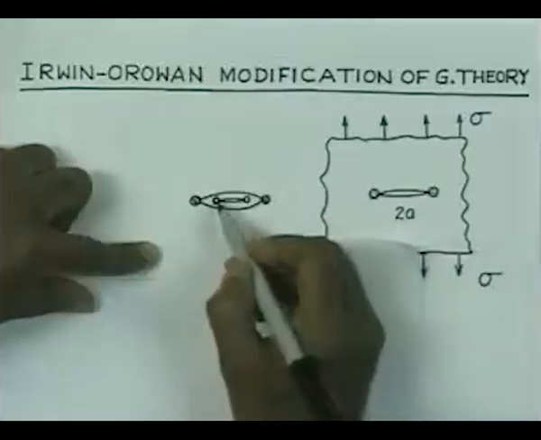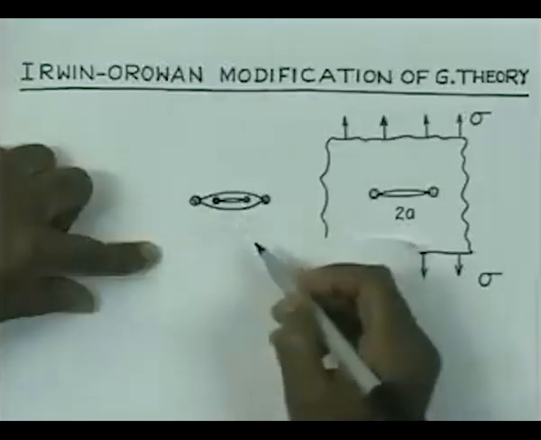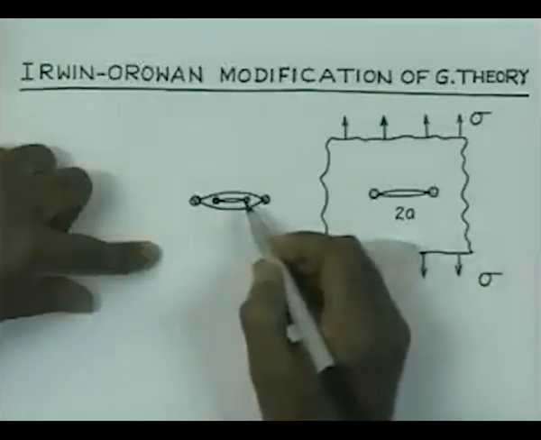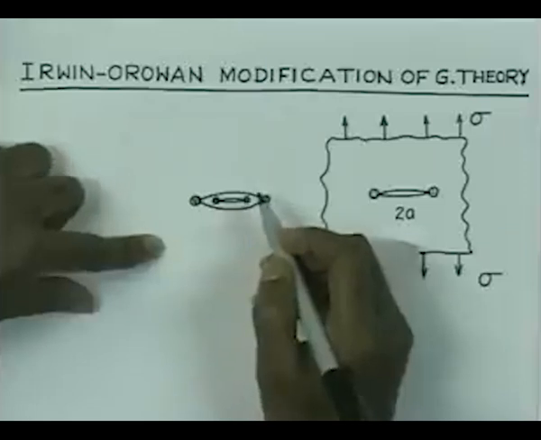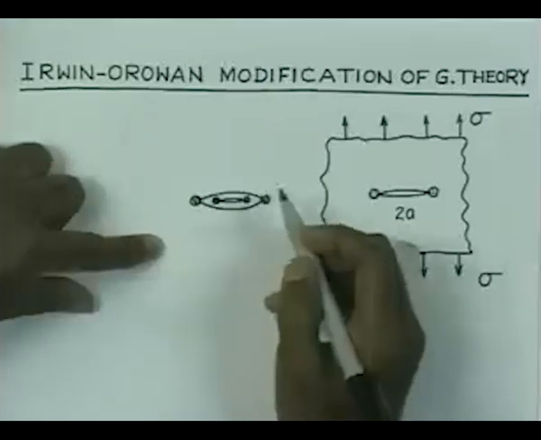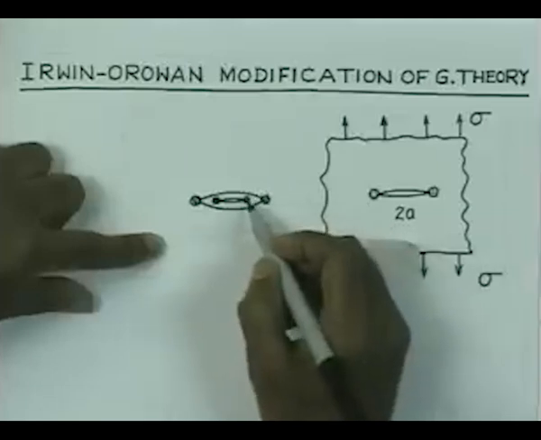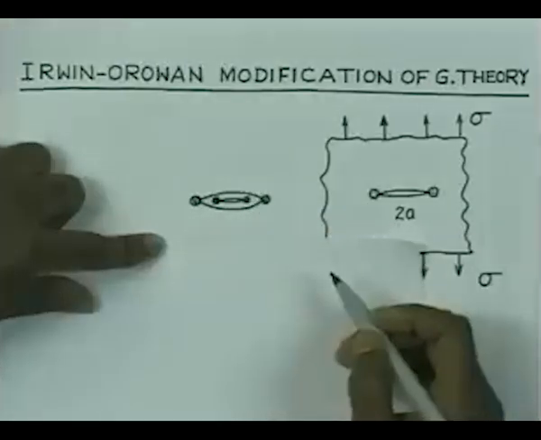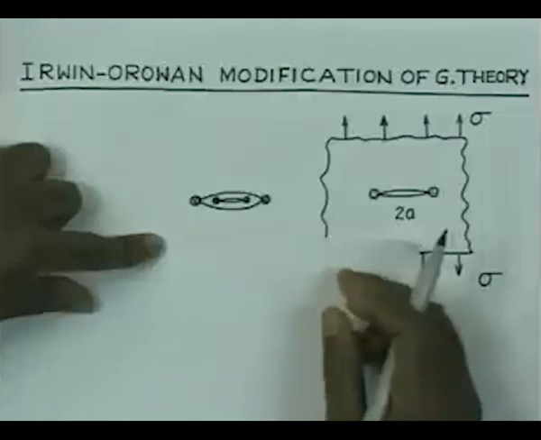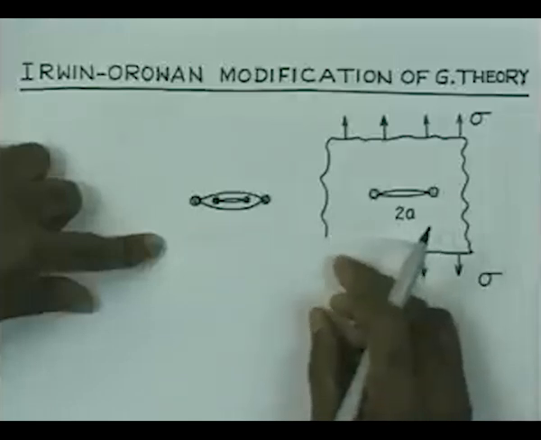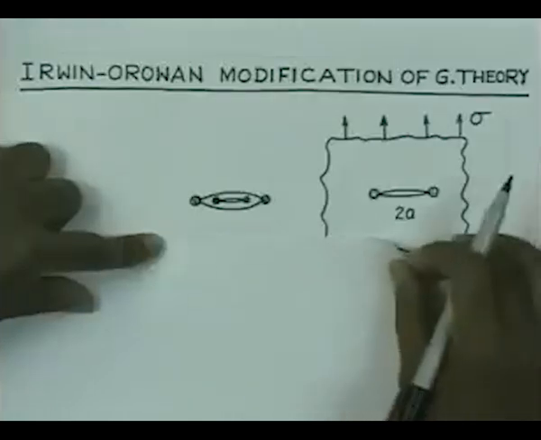Now, as plastic deformation has taken place around the crack tip, after the crack propagation this plastically deformed material will remain and have some permanent deformation, and the energy which goes into deforming this material plastically is absorbed by the material, lost in the material, and therefore, we cannot recover it.